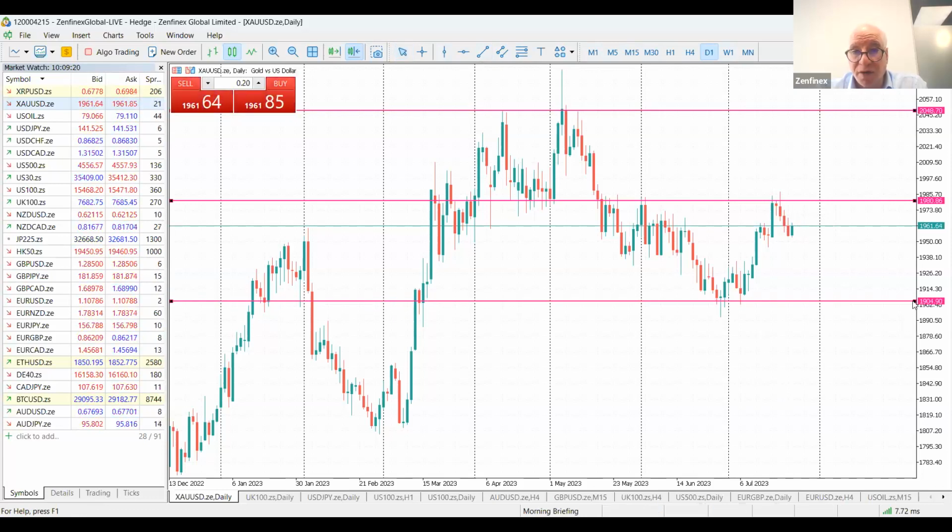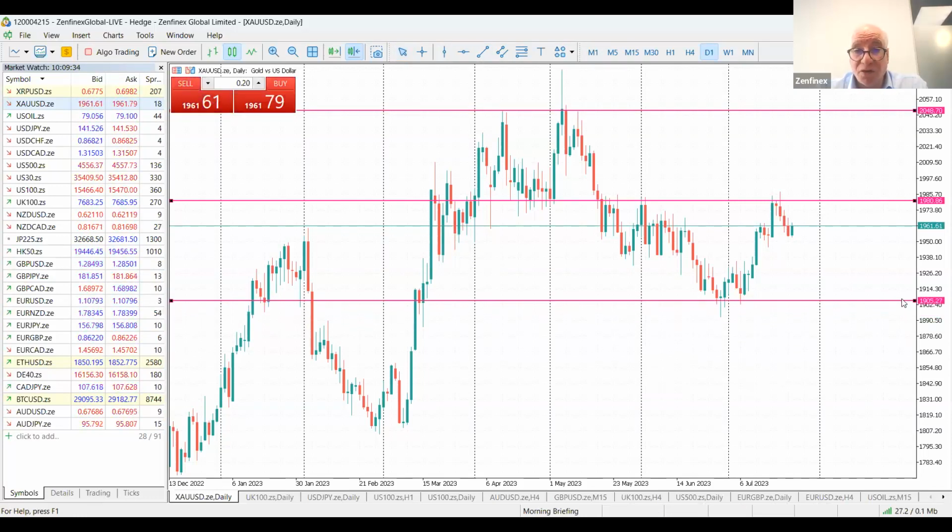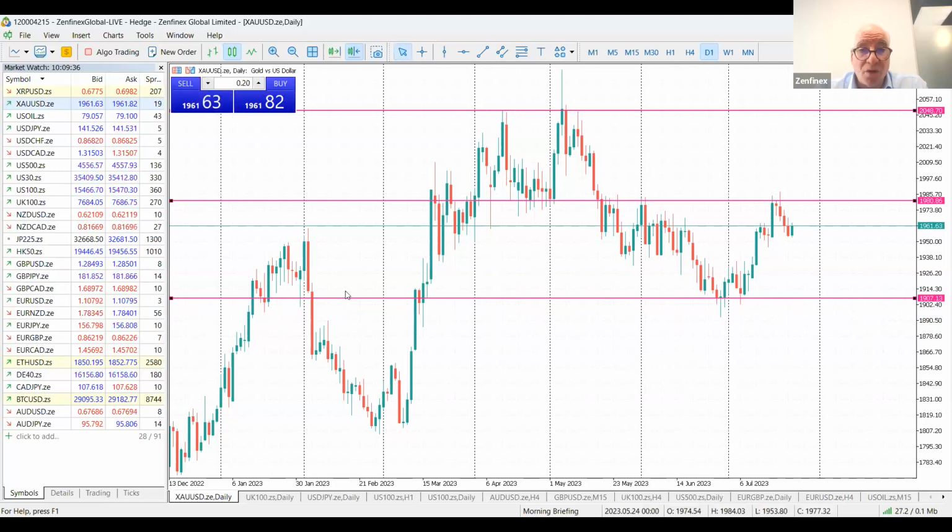Just to reiterate, what I'm trying to do is capture a level on my horizontal support here, which looks the most interesting. Some people go to the end of the wick, some people go to the body, but I just like to look for where price interacted with it the most times.